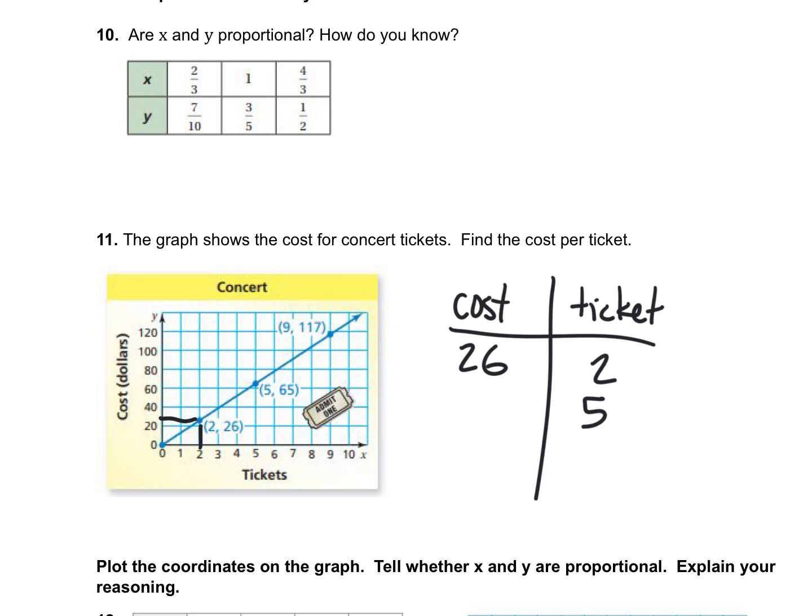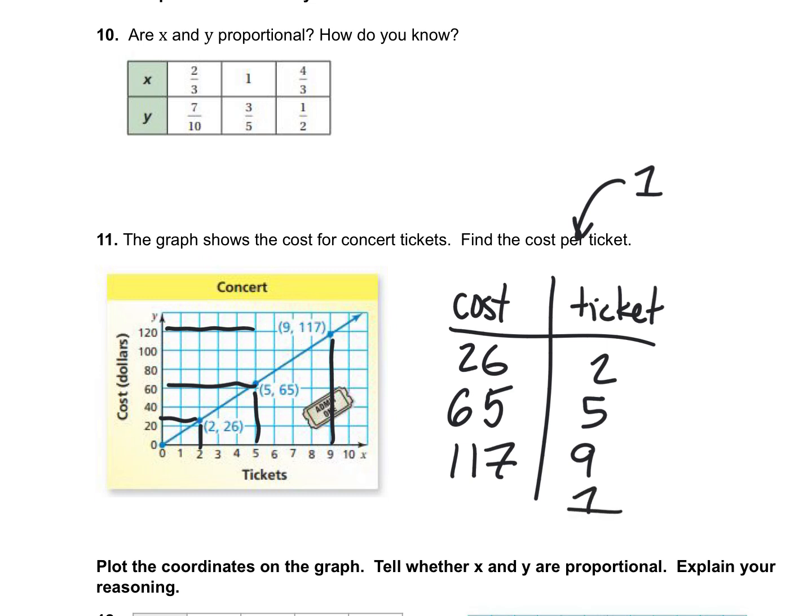For 5 tickets, it's going to cost $65. And then for 9 tickets, it's going to be a whopping $117.